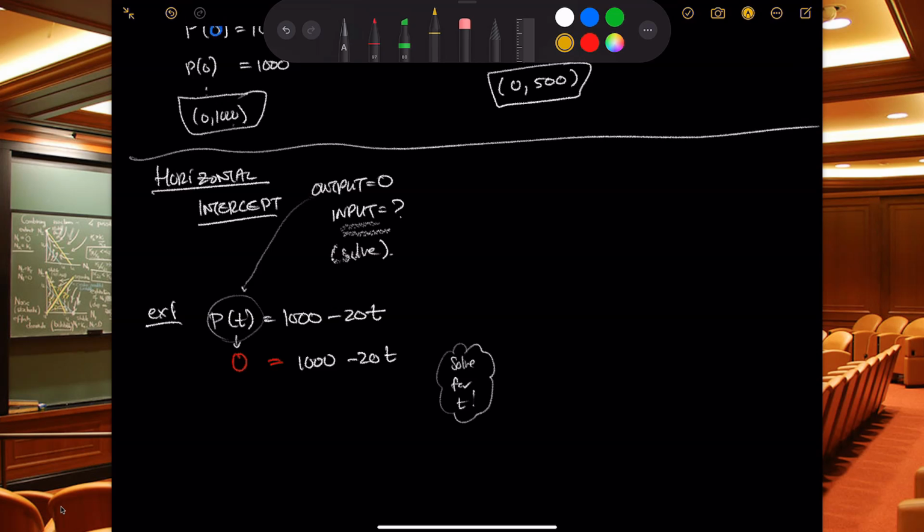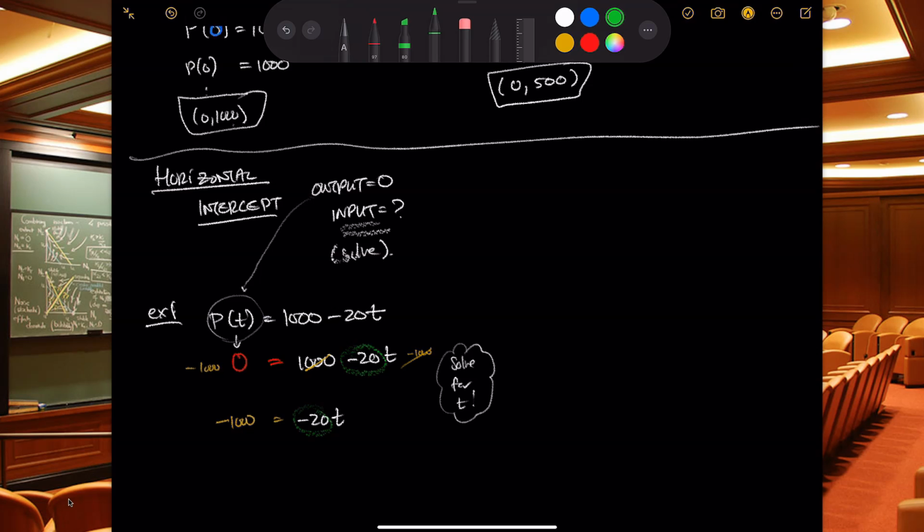So then I have to use algebra here, and that's fine. Or you could use your calculator. Subtract 1000 from both sides. So we get negative 1000 equals negative 20t, remembering to bring that sign with it.